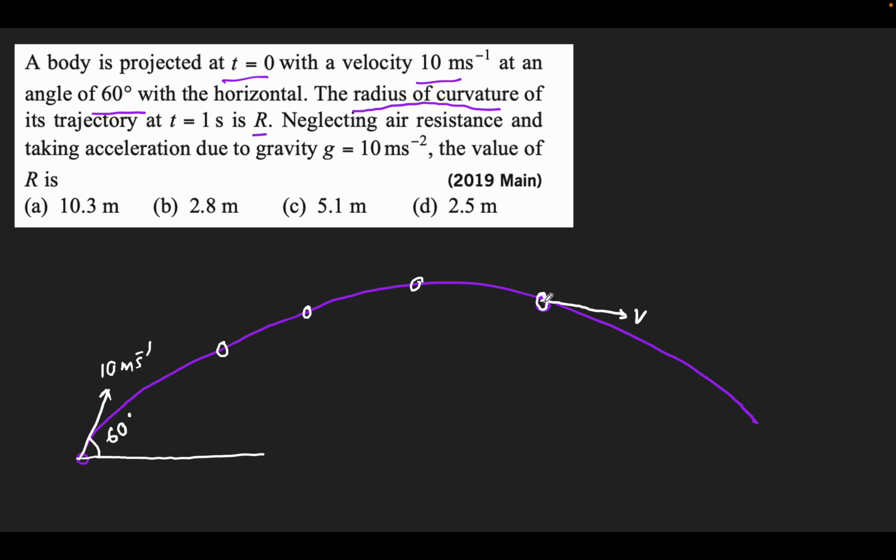At this point the particle could be assumed to be part of a circle with a radius r. At each point it will be part of some circle. Don't think that this purple color is a part of a circle. It's a projectile motion, it's not a circular motion.